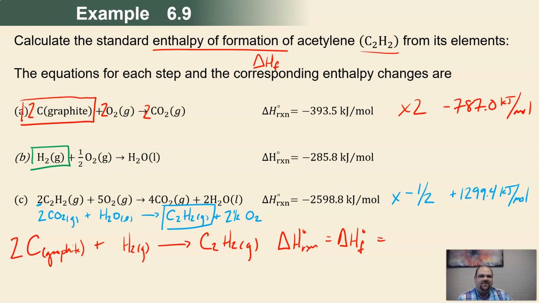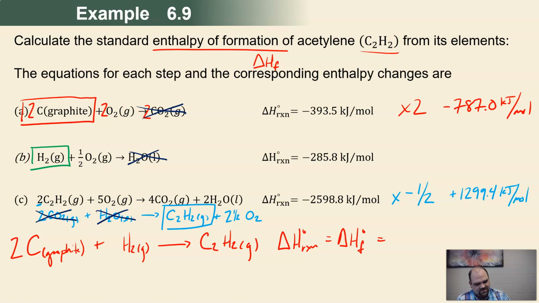Now we got to make sure that everything else cancels out. At the top I've got 2 carbon dioxide, at the bottom I've got 2 carbon dioxide. At the top it's a product, bottom a reactant, opposite sides of the equation cancel out. Here I've got 1 liquid water as a reactant, here I've got 1 liquid water as a product. Opposite sides of the equation, those cancel out.